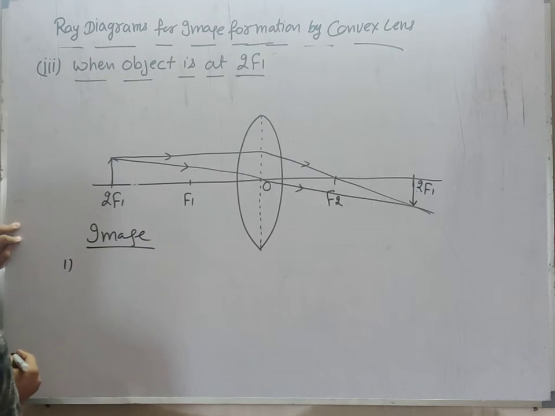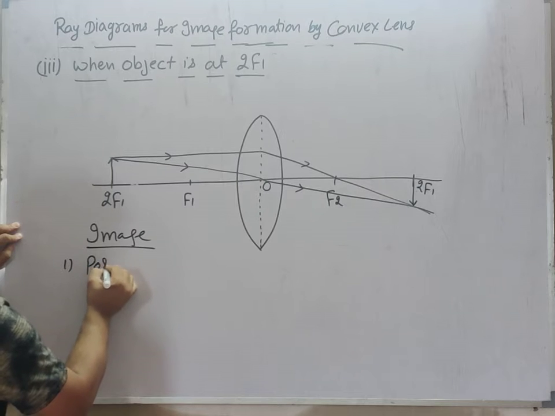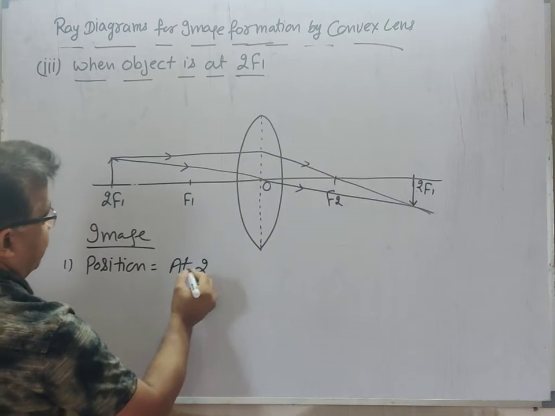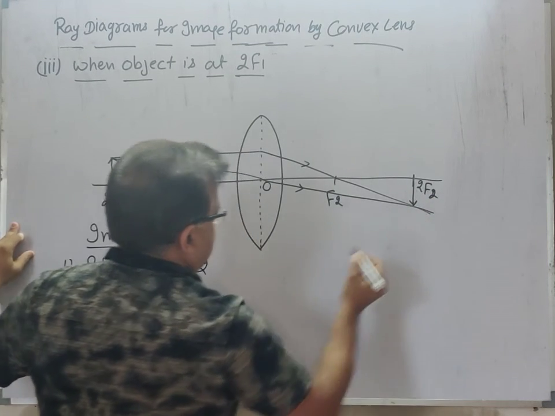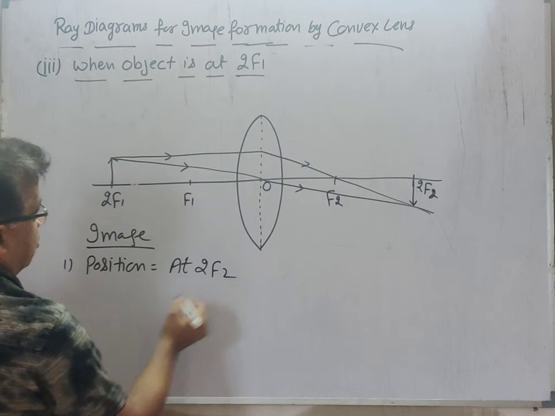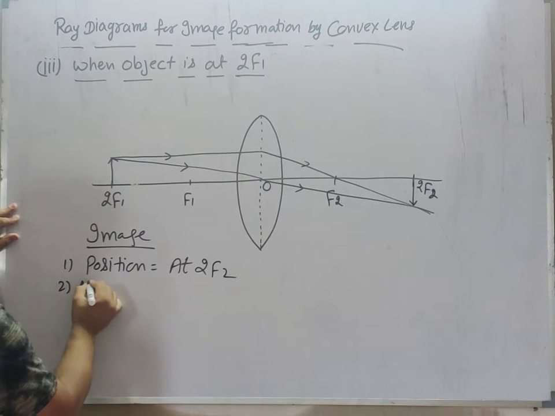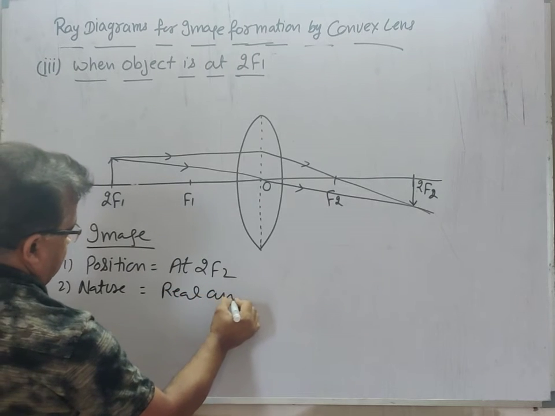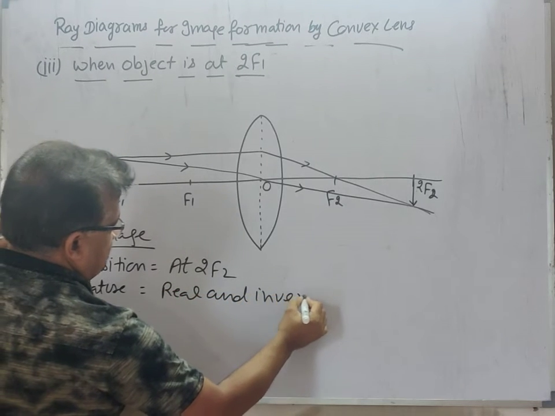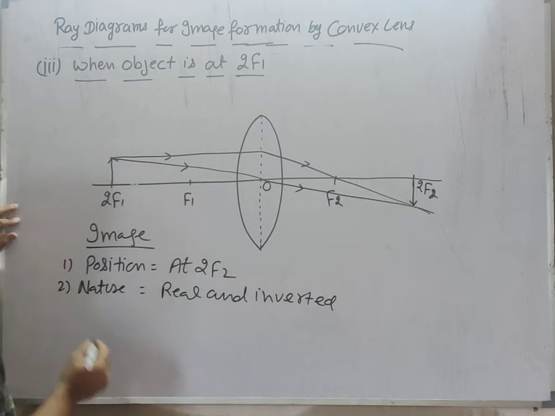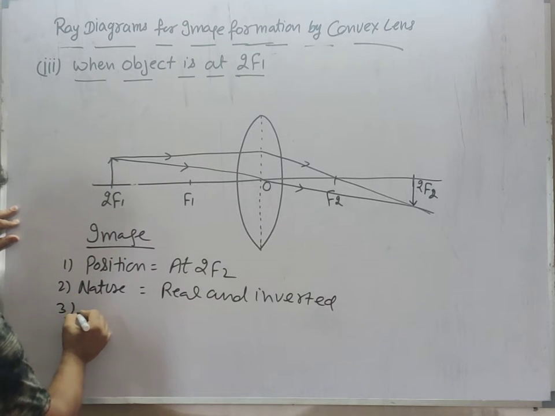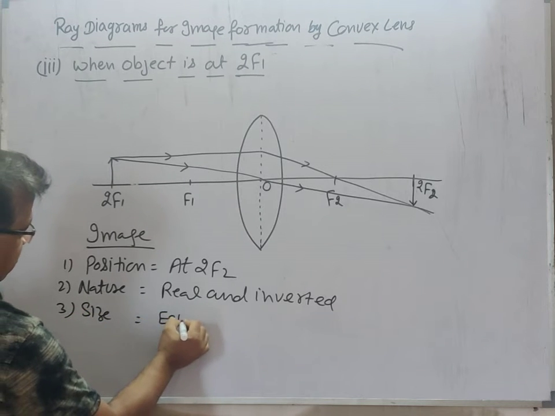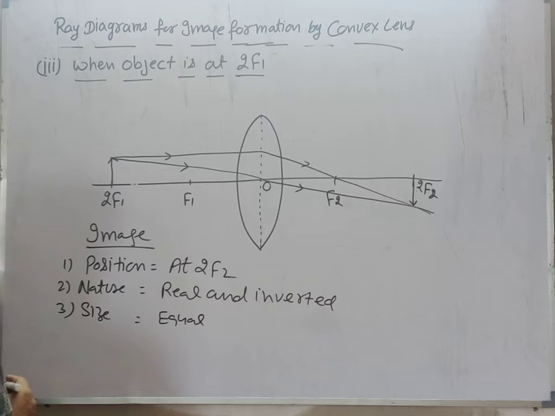When the object position is at 2f1, the position of the image is at 2f2, and nature is again real and inverted. We are observing that the image is inverted, upside down. And third, the size is equal to, the same as, the object.